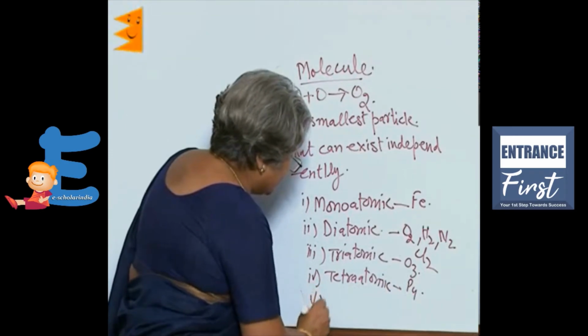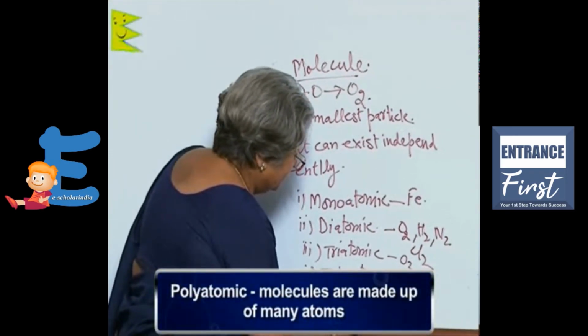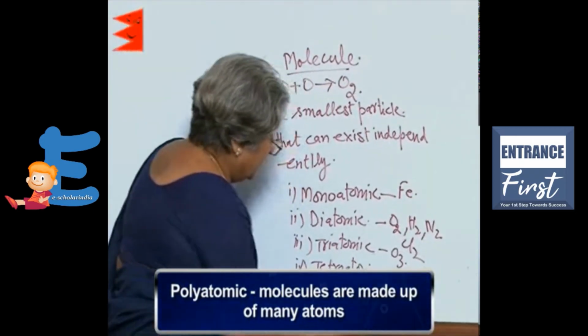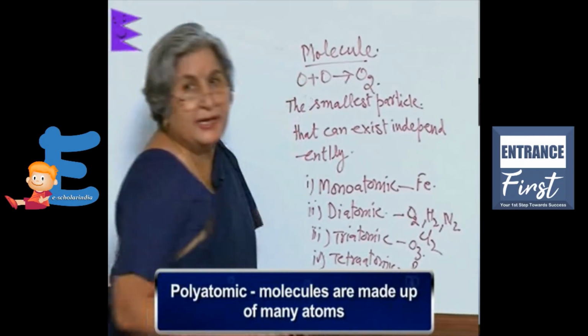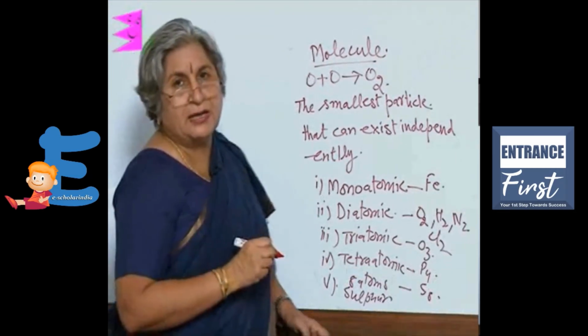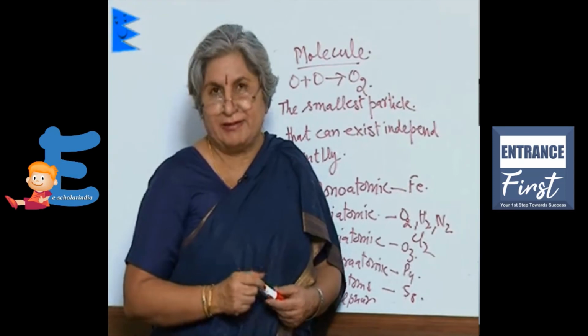And in the case of sulfur, there are 8 atoms. This is called polyatomic. Poly means many. So depending upon the number of atoms, their name is mono, di, tri, etc.